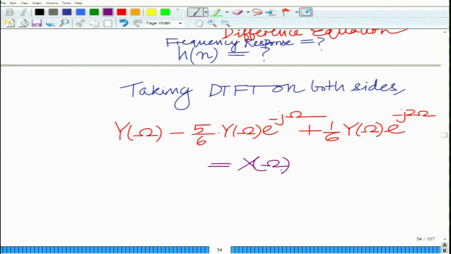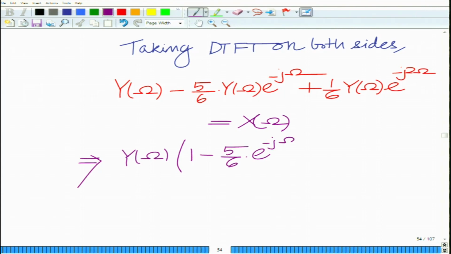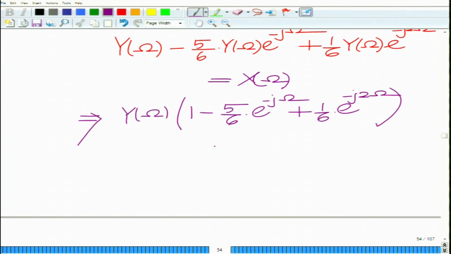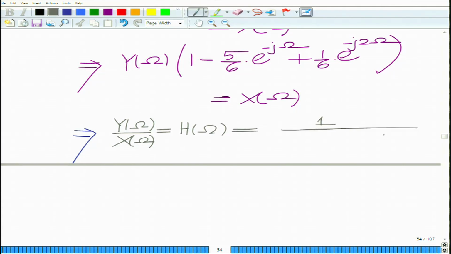This should be equal to X of omega, which implies, just to write it a little more clearly, Y of omega into 1 minus 5 over 6 e power minus j omega plus 1 over 6 e power minus j 2 omega equals X of omega, which implies Y of omega over X of omega, that is H of omega, equals 1 divided by 1 minus 5 over 6 e power minus j omega plus 1 over 6 e raised to minus j 2 omega.